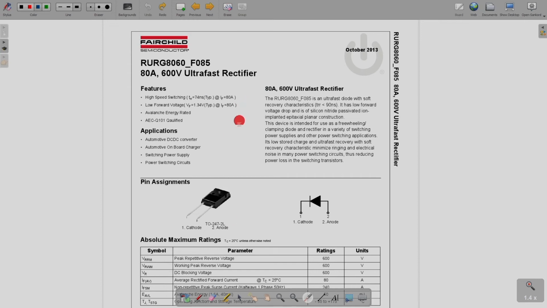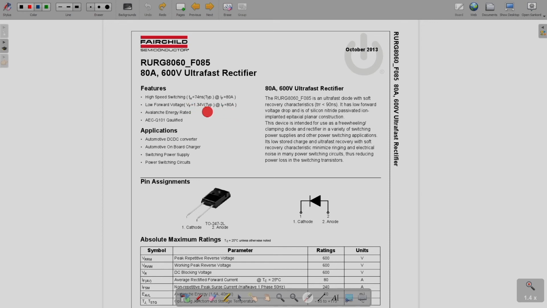And again you see these features and applications are provided, and description is also given over here. So, these key specifications, you can see that the reverse recovery time, since this is a fast recovery diode, is provided, and that is given at this forward current 80 amperes, and low forward voltage drop, which is 1.34 volt, typical at this current rating of 80 amperes.